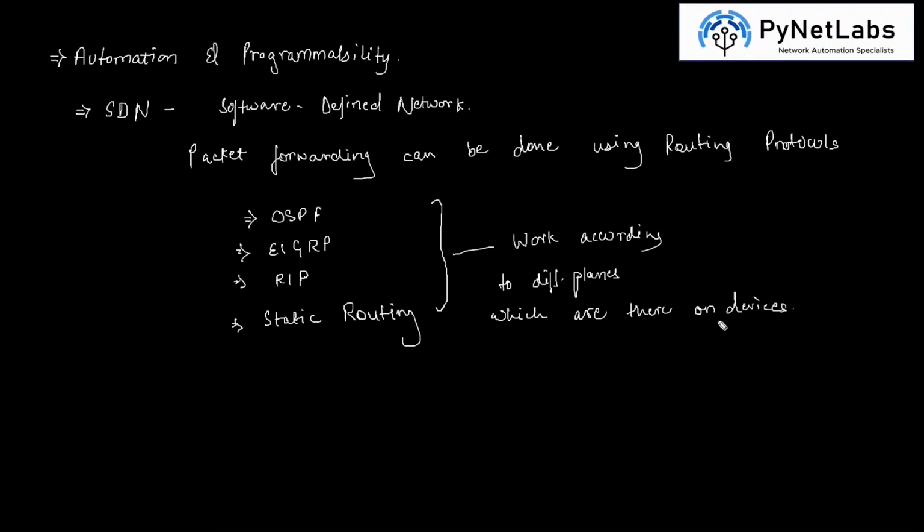So it's not about only routers or only switches. These planes can be observed on each and every single device which you see out there in the field of networking. So we have three different planes, and I would say every device has these planes.